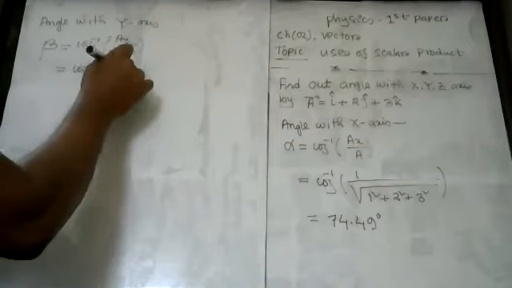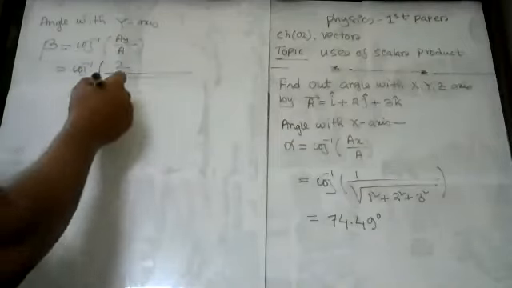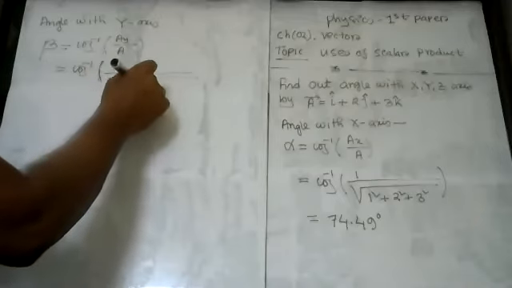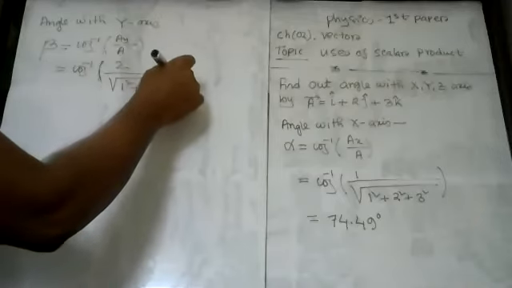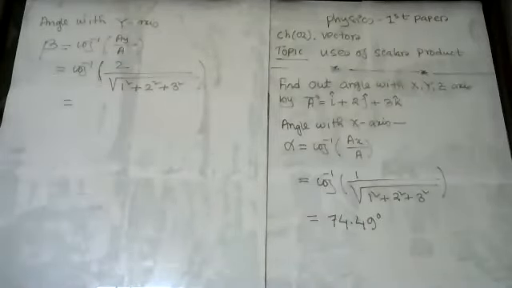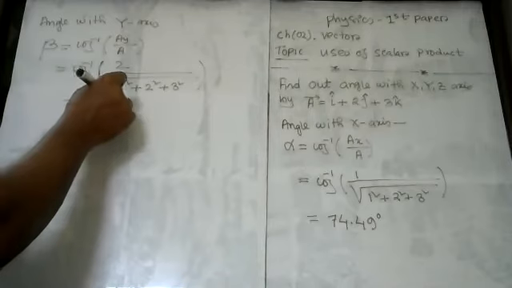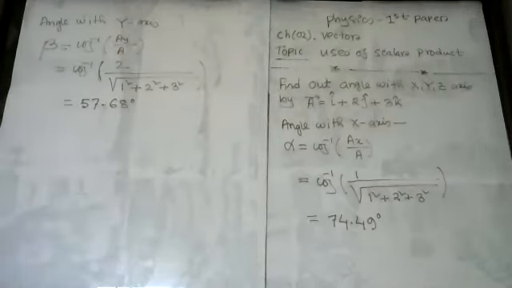And A equal to root over 1 square plus 2 square plus 3 square. Now find out the value of beta, the angle with y-axis. That is 57.68 degree. Very good.